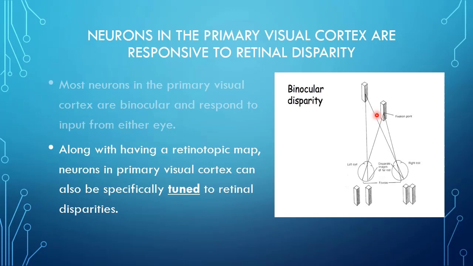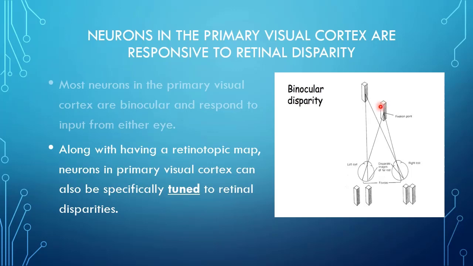And so you should remember from last lecture that the idea of being tuned is that they fire more action potentials when a stimulus matches the features that they respond to. So in this case, some neurons respond when, let's say, something red is right in the middle of the two eyes, right? So it's hitting the foveas.